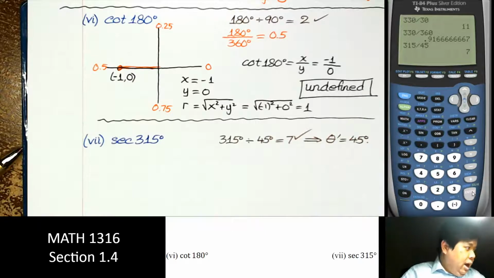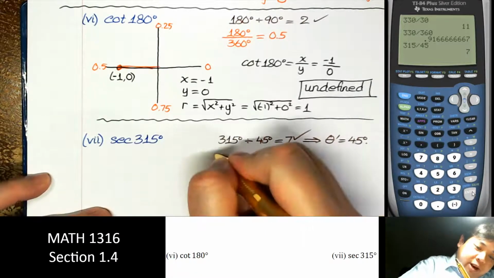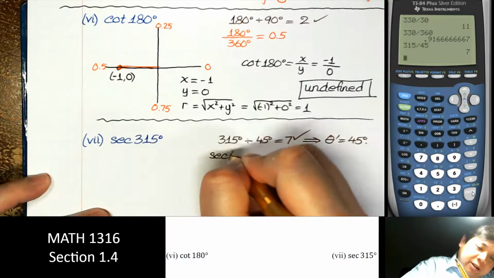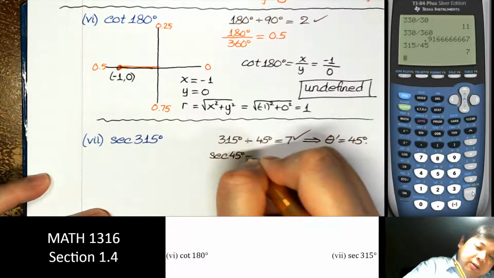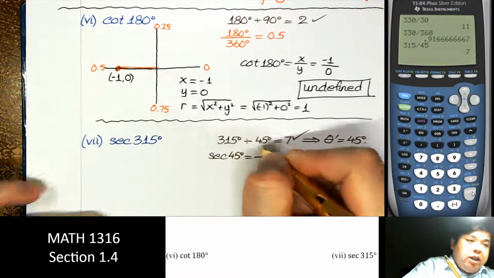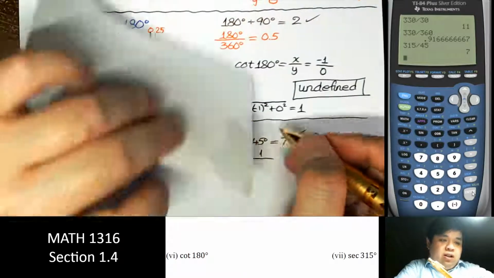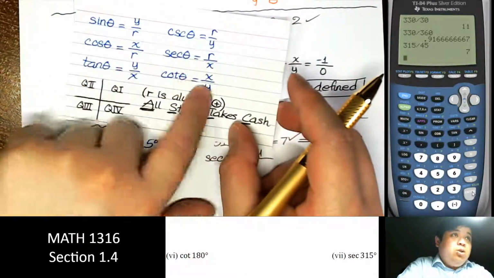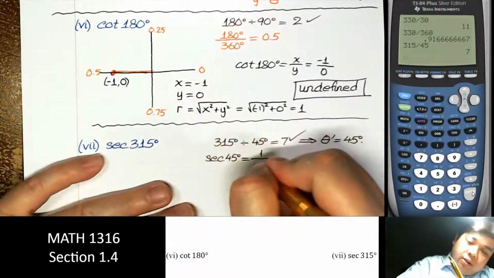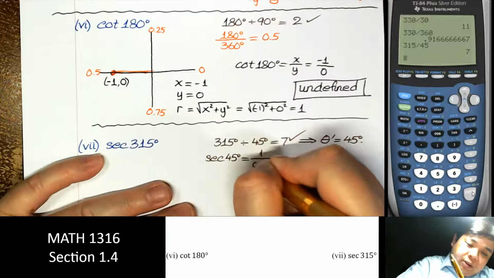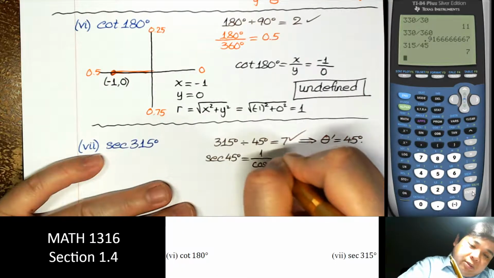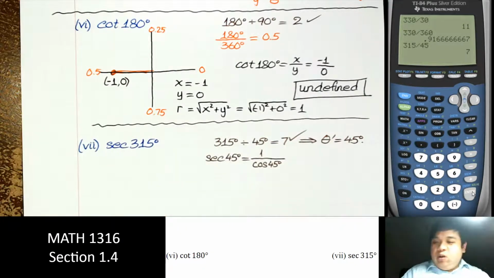Right, next, secant of 45 degrees. Secant is 1 over cosine. Yeah, those two are reciprocals of each other. Now we do cosine of 45 degrees.